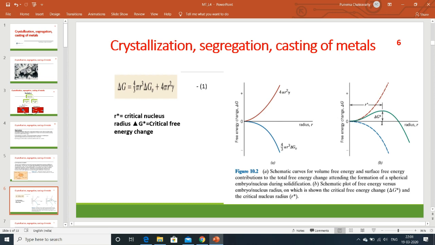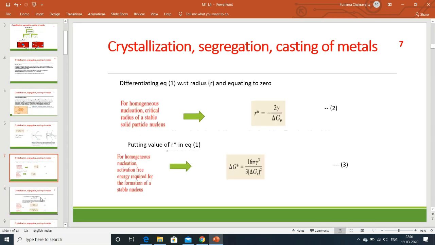As I have already discussed, if this energy barrier, del G star, is crossed, the nucleus tends to be stable. But if it doesn't reach this radius, the cluster tends to be unstable, and we call it an embryo. So let's move to the next slide.